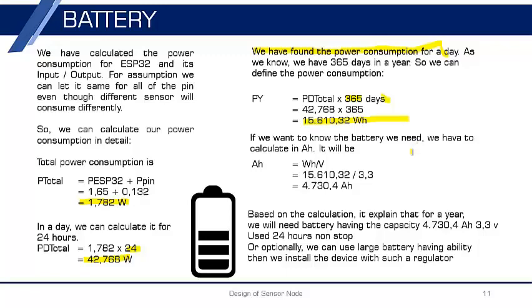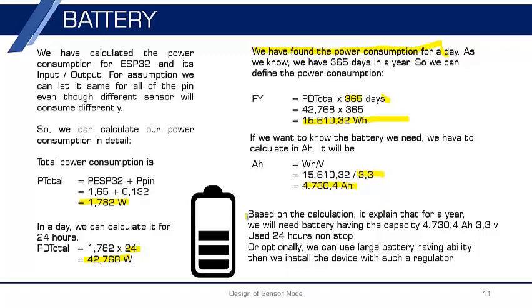Okay, and we want to use a battery. If we want to use a battery, at least we need 4730.5 ampere-hours at 3.3 volts.